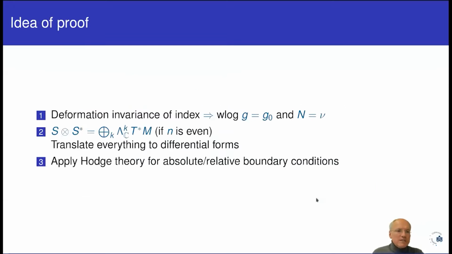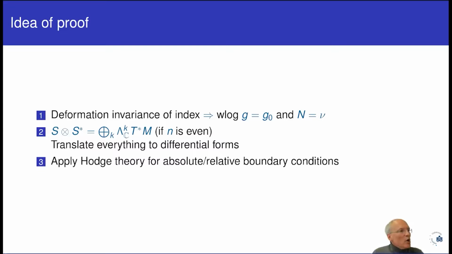For the proof, just let me say the following. First of all, by deformation invariance of the index, we can deform the metric g to g naught and the vector field n to nu, so that without loss of generality we can assume that g equals g naught and n equals nu in the first place. And if that's the case, then if we take the product of the spinor bundle with the dual spinor bundle for the same metric, then there's a canonical vector bundle isomorphism to the form bundle, at least if n is even.